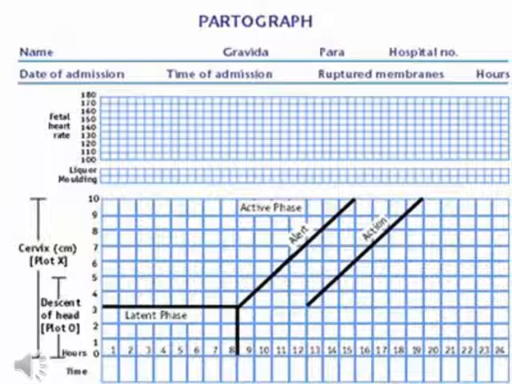The latent phase is 0 to 4 centimeter cervical dilatation, but it is shown here as 0 to 3 only; in our text it is given as 0 to 4 centimeters. After that, 4 to 10 centimeter cervical dilatation is considered the active phase. The active phase is again divided into the alert line and the action line.